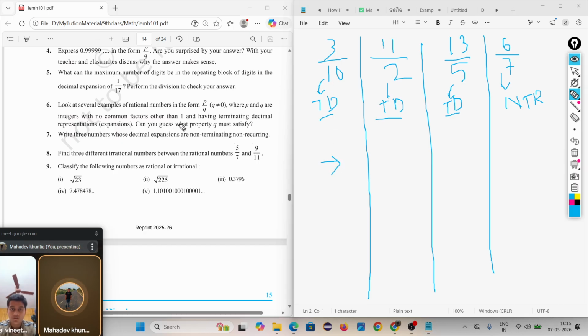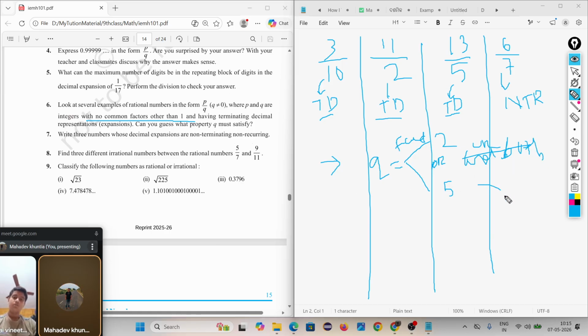Remember one sentence. If p and q are co-prime, because you have to take p and q as co-prime, look at the denominator q. If q has factors 2, 5 or both, in that case only you will get a terminating decimal.